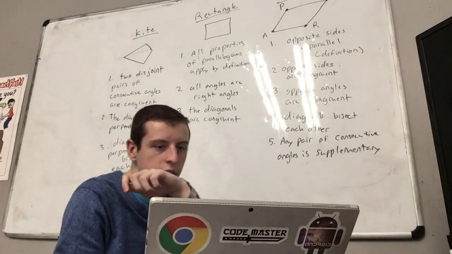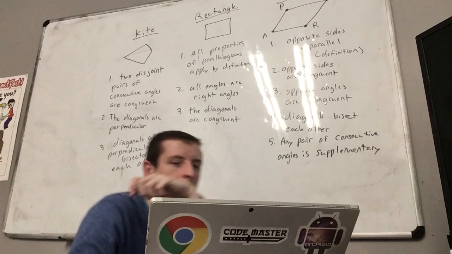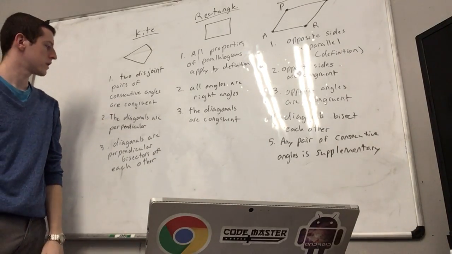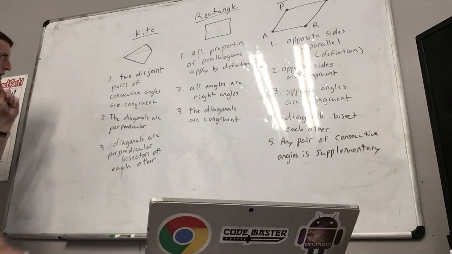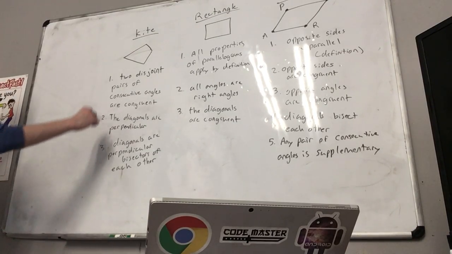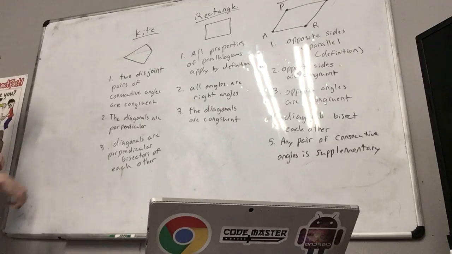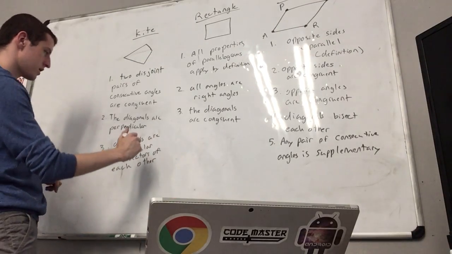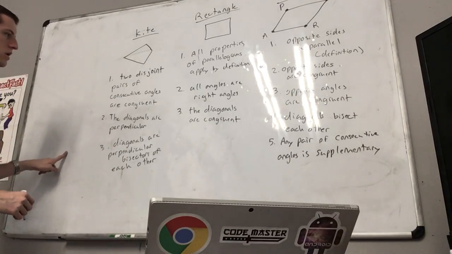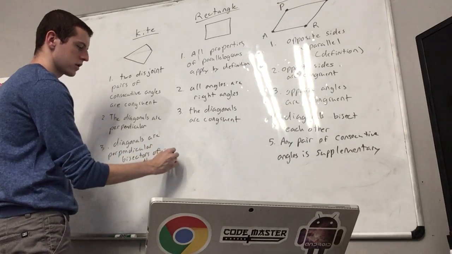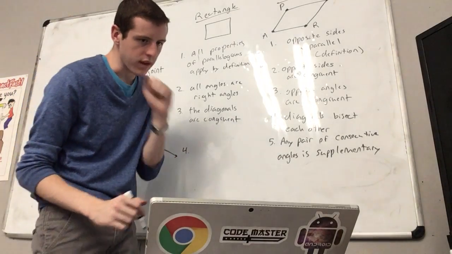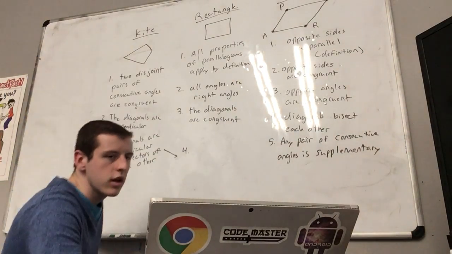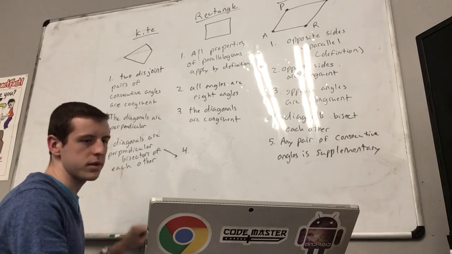Okay, and there's a couple more about the diagonals of a kite. I am running out of space though. Let's do it right over here for a moment. So, one of the diagonals bisects a pair of opposite angles.